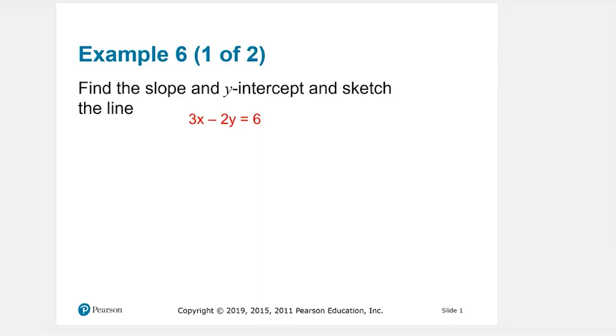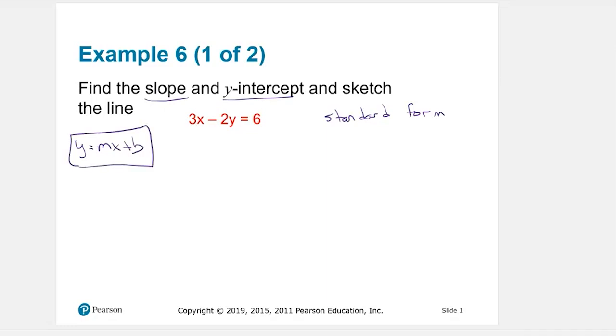Okay, so now it says find the slope and y-intercept and sketch the line. So this is in standard form. And since what we want to do is find the slope and the y-intercept, the easiest thing to do would be to put it in slope-intercept form, which is y equals mx plus b, right?